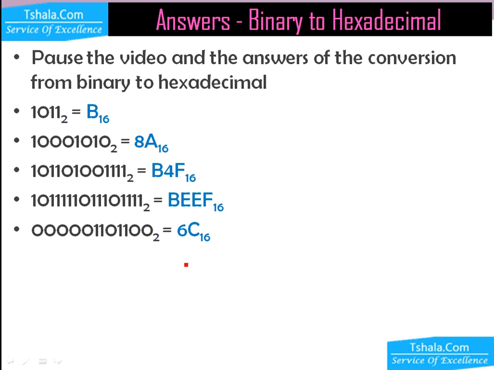Or if you have any issue, please do contact me. I'll be happy to do that. Remember that we group from the right, 4, 4. Any of these must be grouped in groups of 4 bits.